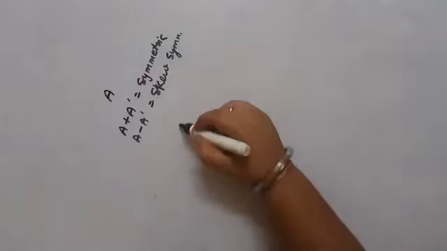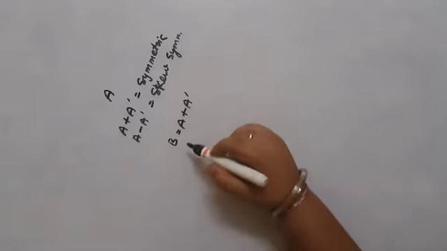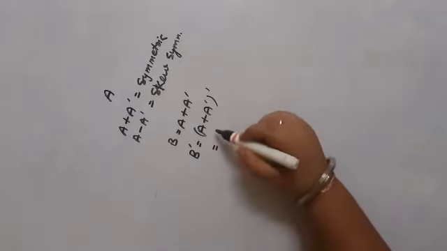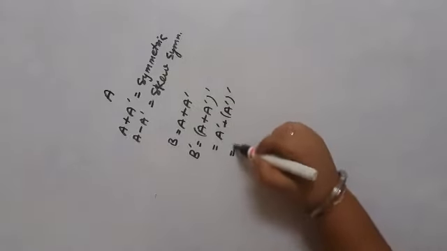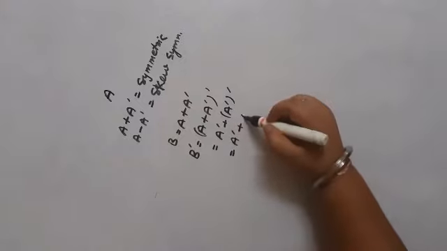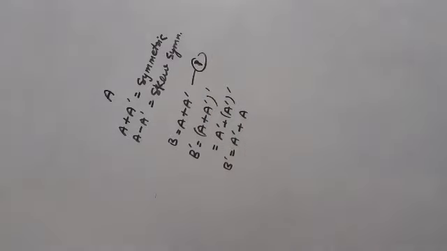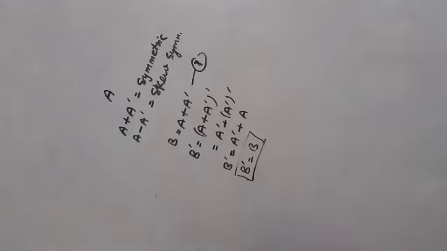First of all, we take A plus A'. Let A plus A' equal B. Then transposing B, B' = (A + A')'. By the property of transpose of the matrix, this is A' plus (A')', and (A')' is equal to A. Now there is no change after transposing, so it equals B. If there is no change in the matrix, then it is known as a symmetric matrix.